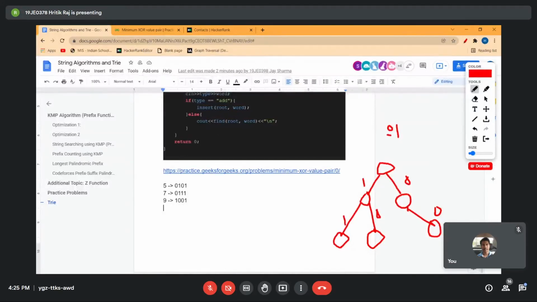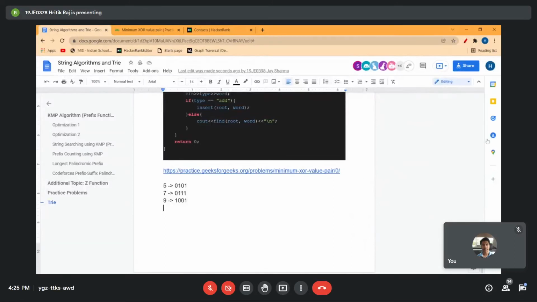In that case, we will choose the MSB to be 0 here. If it could be, then we will choose this one. Now we try to choose 1, but 1 is not present as our child. So in that case, we are forced to choose 0. Yes. So that way we will traverse in our trie. Okay.